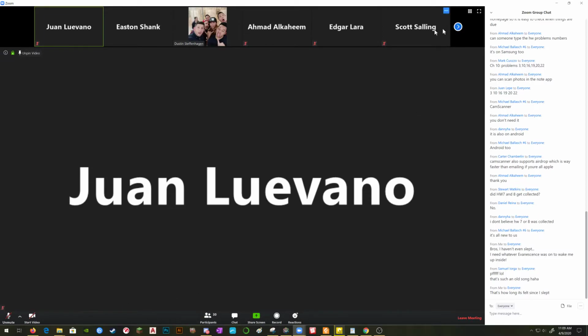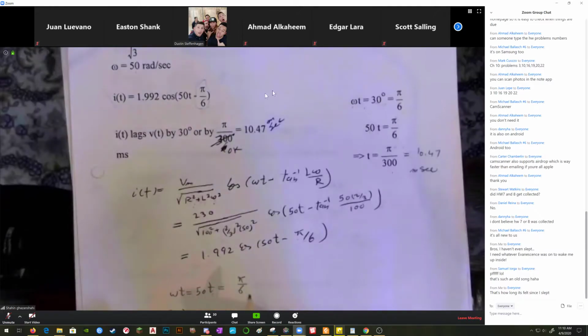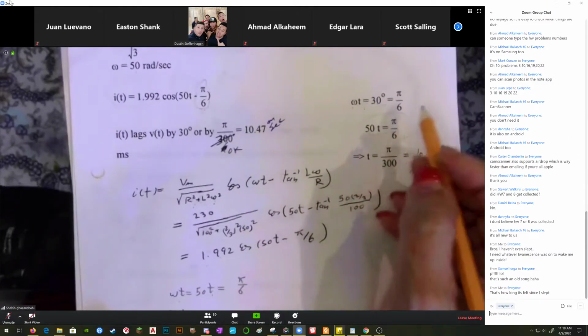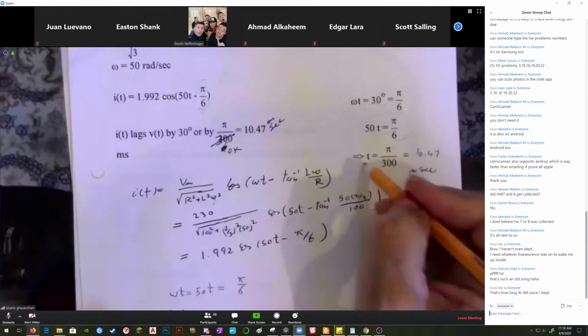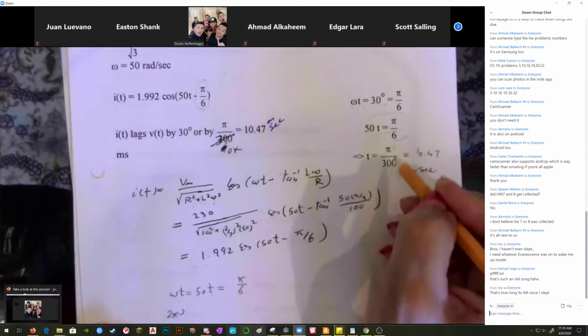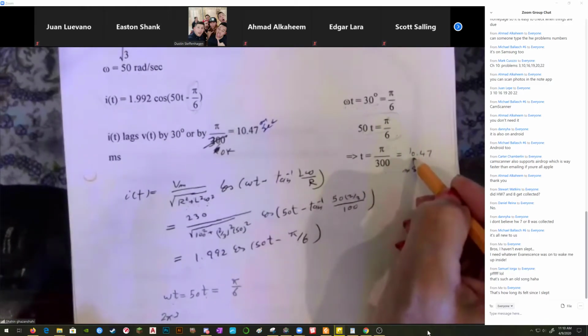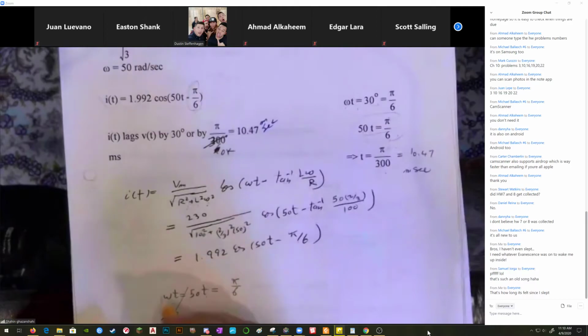So from here, your omega is equal to 2 pi f, no? I'm sorry, you got your omega t, 50t, and you can solve it here. From here, you have the pi, you have t, you can solve it for t. This is faster. You divide this and you get the answer in seconds. And you don't need to substitute.